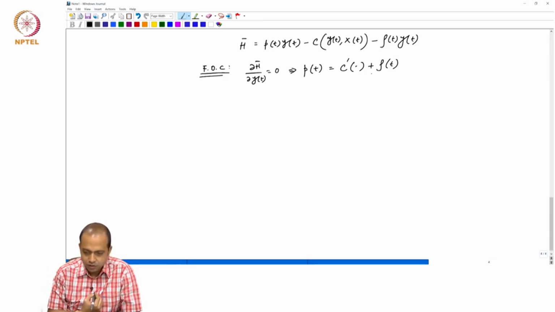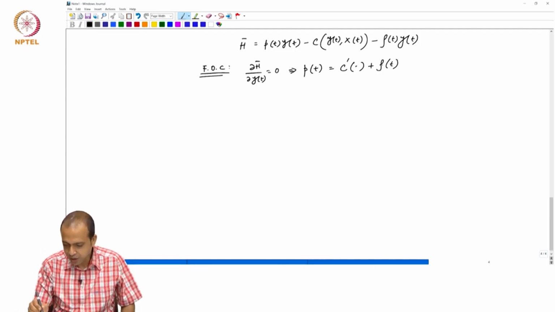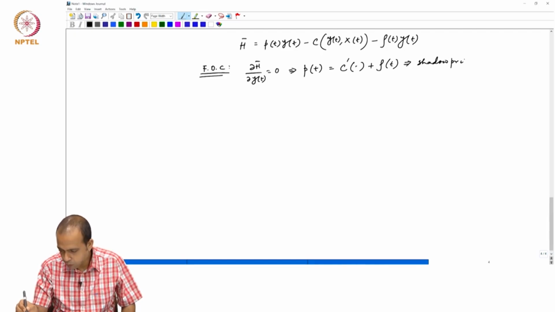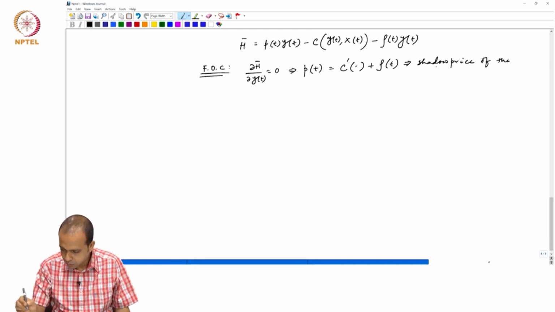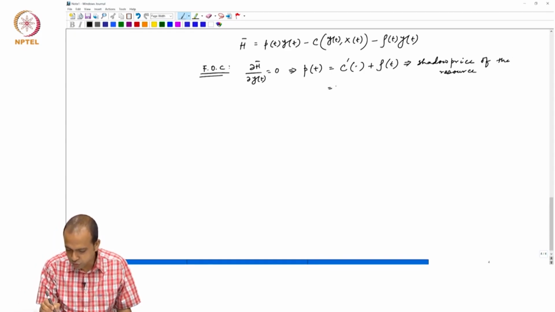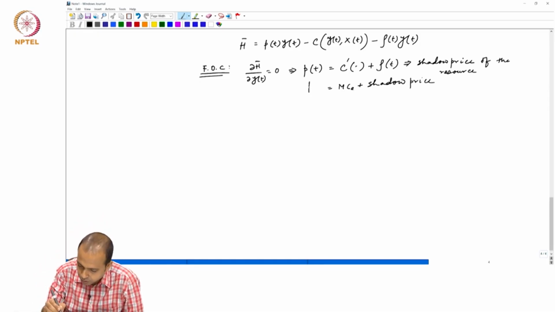This means price equals marginal cost of extraction plus rho t, where rho t is known as the shadow price of the resource. So, price equals marginal cost of extraction plus shadow price. Okay. Pt equals this.